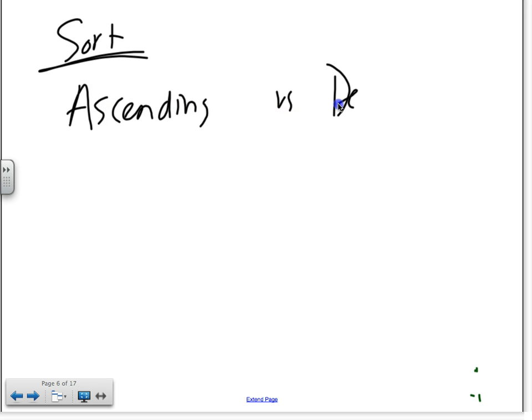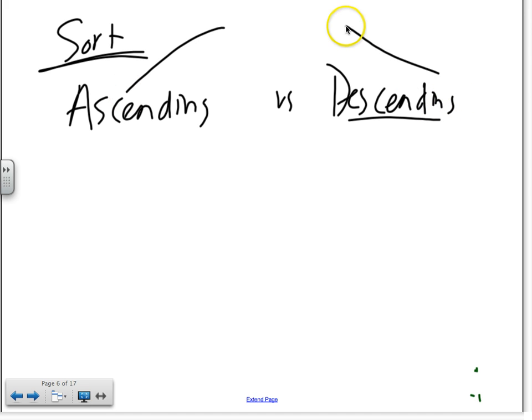So for sorting, we have 2 types. Ascending versus descending. And we know ascending means it goes up, right? Descending means it goes down. So up means from small to big. And descending means from big to small.